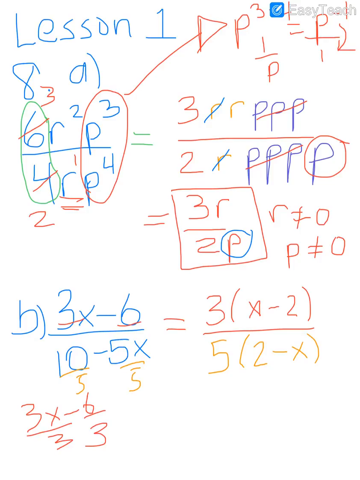So I'm going to need to rewrite this bracket to have my variable first, okay? So my numerator was 3 and x minus 2, and my denominator is 5. And then I'm going to rewrite that 2 minus x to be negative x plus 2.